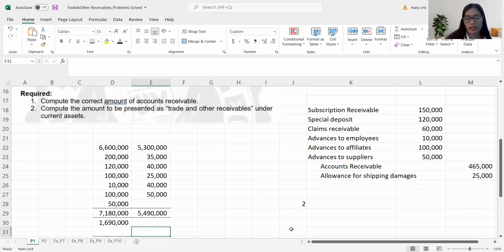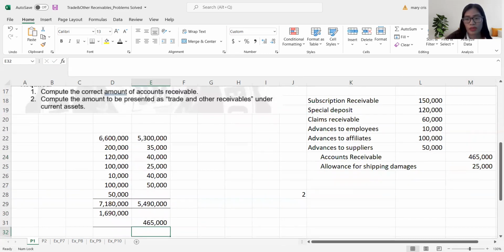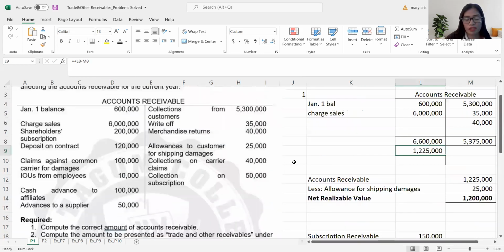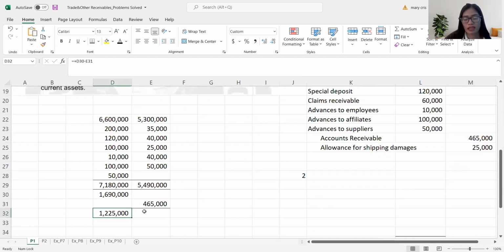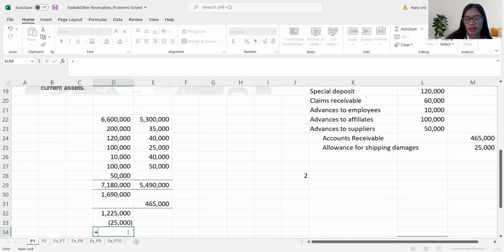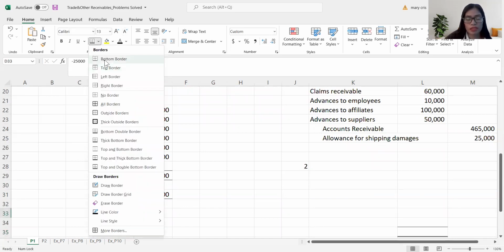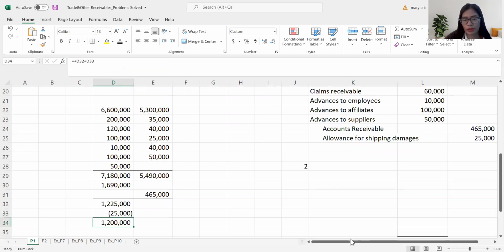What is left is 1,690,000 minus 465,000, which is equivalent to what we computed earlier, 1,225,000. If you deduct again your allowance for shipping damages, you have the correct amount to be reported in your statement of financial position, which is 1.2 million.